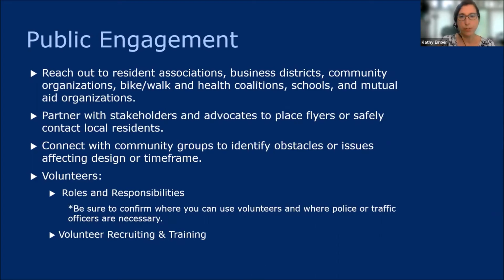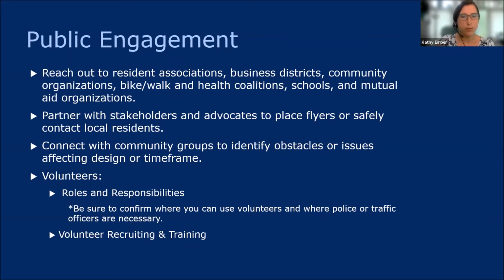Schools are a good resource to get the word out about an open streets installation. Mutual aid organizations are also helpful. And then, make sure to partner with stakeholders and advocates and use their networks to advertise the open streets project that you're working on, to place flyers in convenient locations where people will see them. That could be helpful in contacting local residents safely as well.